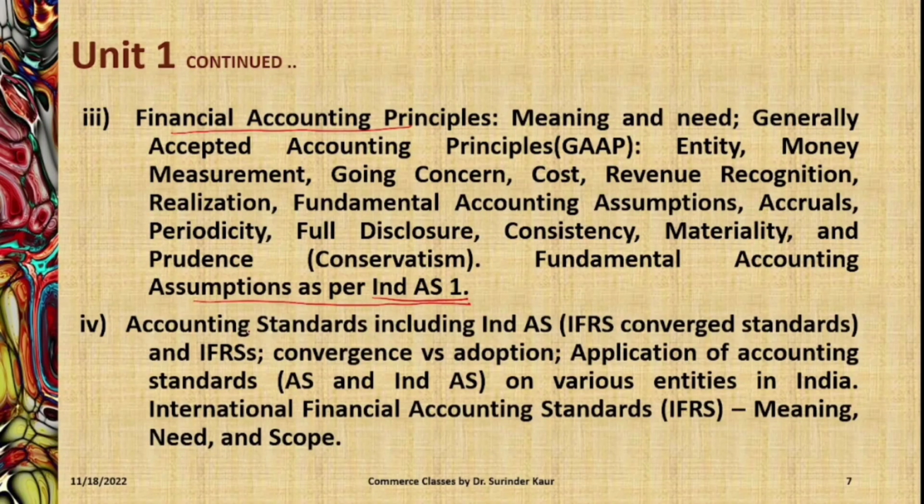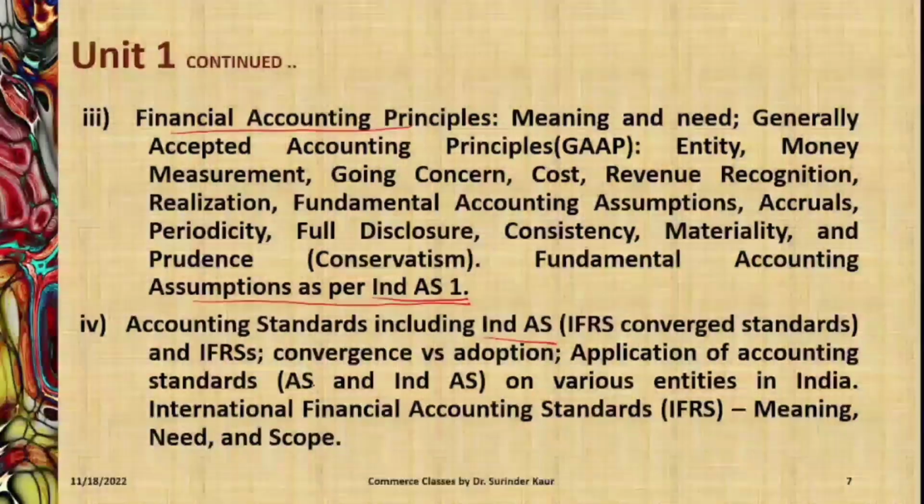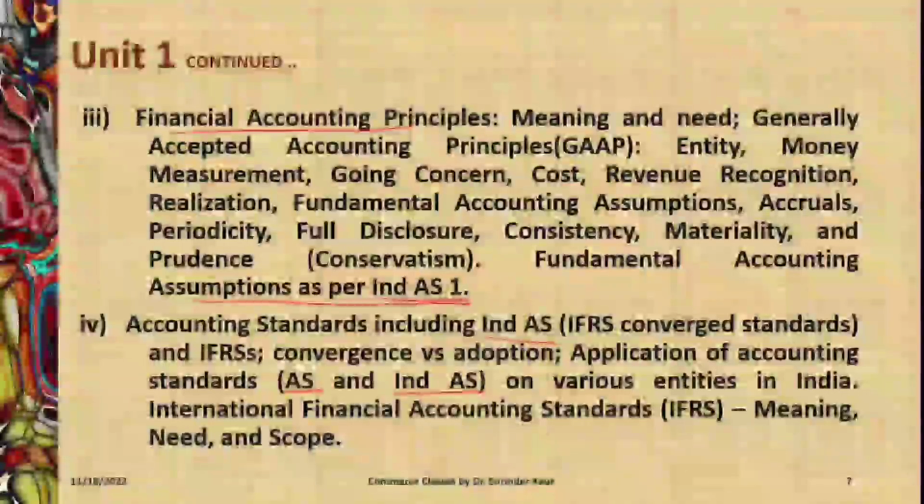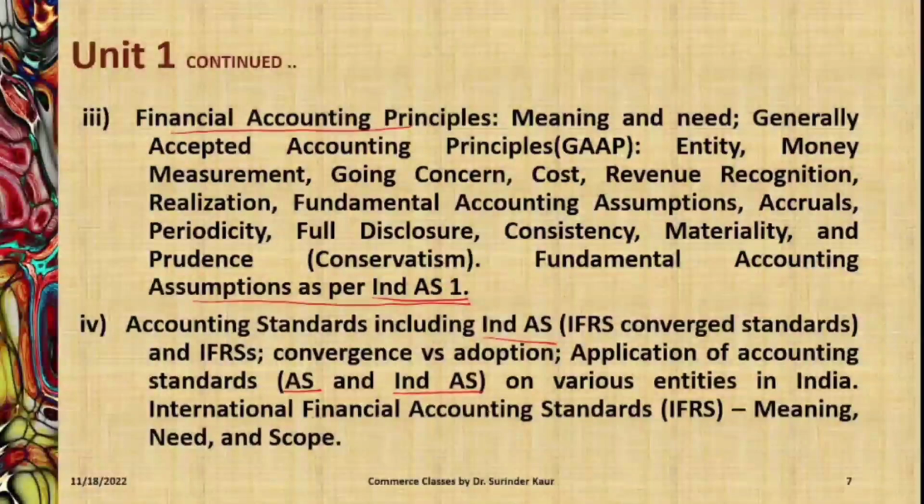Then you have accounting standards. Now we have Ind AS, that is Indian Accounting Standards, which have been converged with the IFRS. Then convergence versus adoption, application of accounting standards in India, that is, accounting standards which were previously there and now Ind AS. Then international accounting standards, their meaning, need and scope.